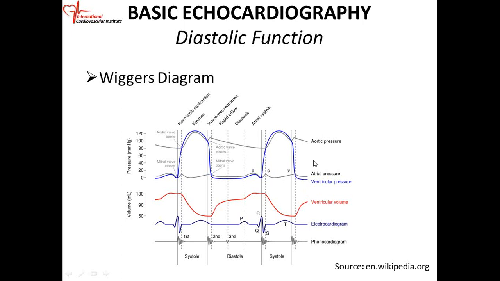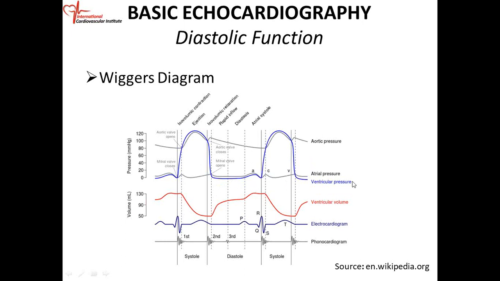We're not going to discuss this in detail, but you have the A wave, C wave, V wave, and the descents, X descent and Y descent. We can discuss those in a little more detail if you want a session like that.